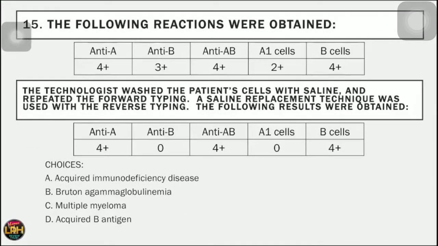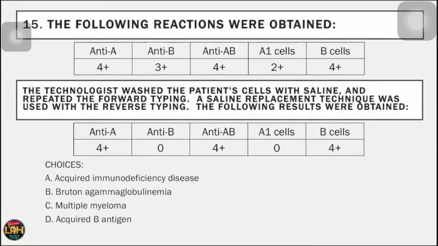For number 15, the following reactions were obtained: a 4+ reaction for anti-A, 3+ reaction for anti-B, 4+ reaction for anti-AB, and 2+ reaction for A1 cells and 4+ reaction for B cells. The medical technologist washed the patient's cells with saline and repeated the forward typing.